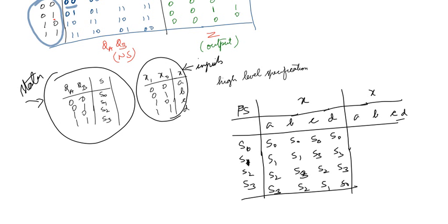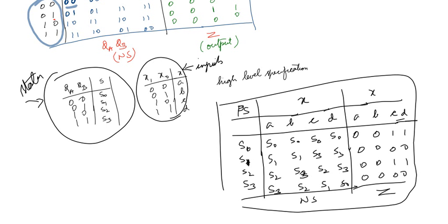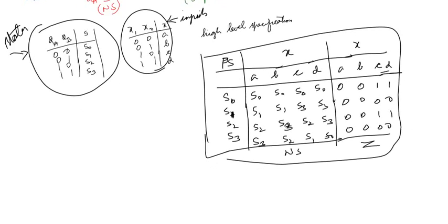These are your next state values. Output as usual, since it is a single bit, it is zeros and ones only. So this is your high level specifications table. From this we can go for the state diagram.